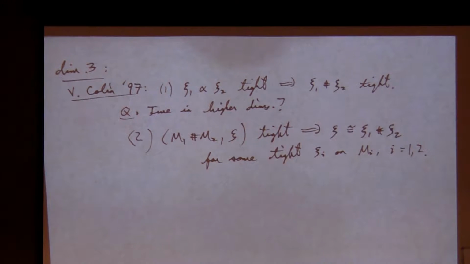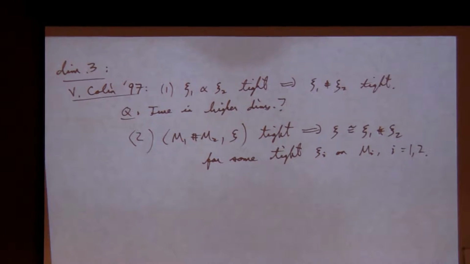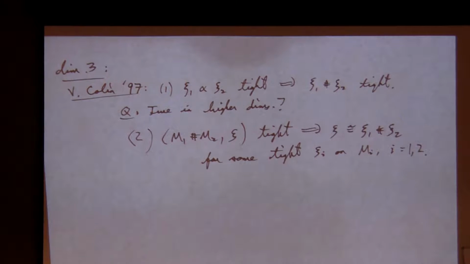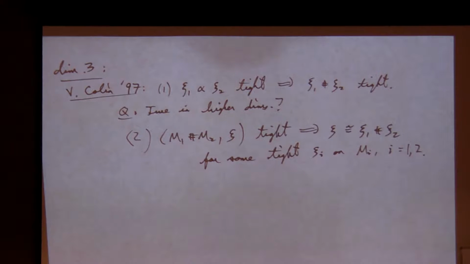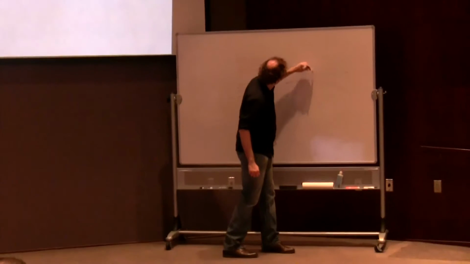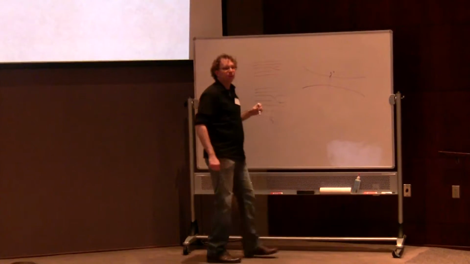And it's actually pretty easy to see that it's not true without assuming tightness. That's because of flexibility. So if you believe in flexibility already, what would this require? Well, you've got a connected sum. So you imagine that somewhere in your connected sum, there's this tube that has a two-sphere in the middle of it.